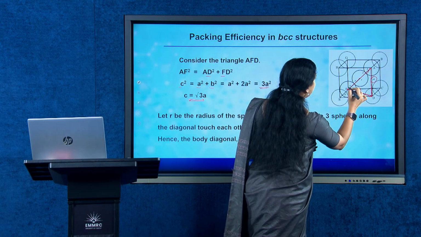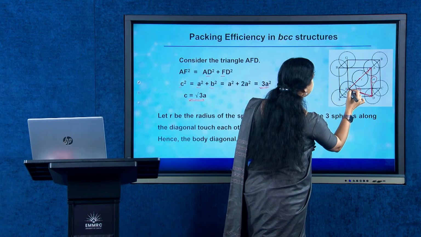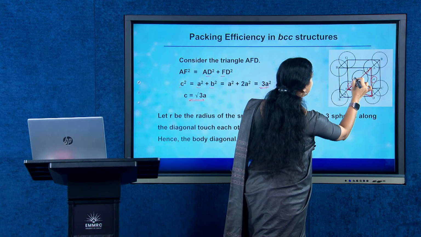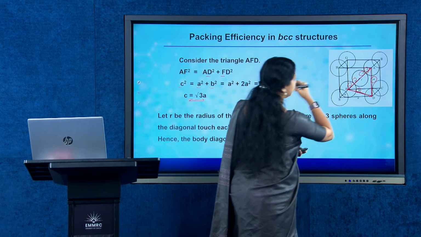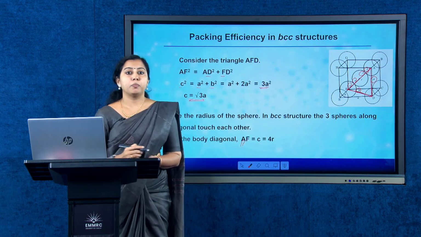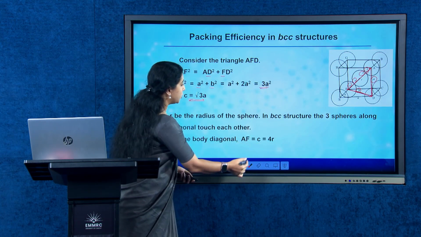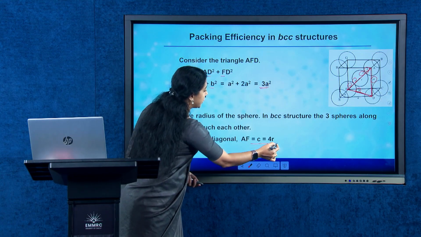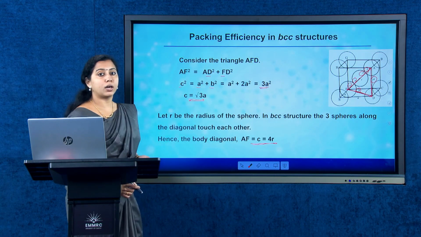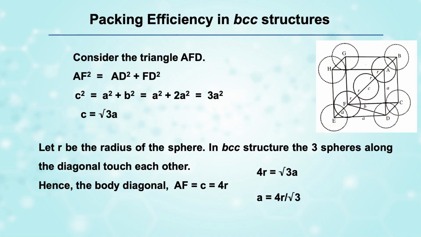So, from A to F, we have R, R, R and R. So, the body diagonal AF is equal to C, so that will be equal to 4R. So, we have 4R is equal to root 3 A. From this you can calculate the edge length, where A equals 4R by root 3.